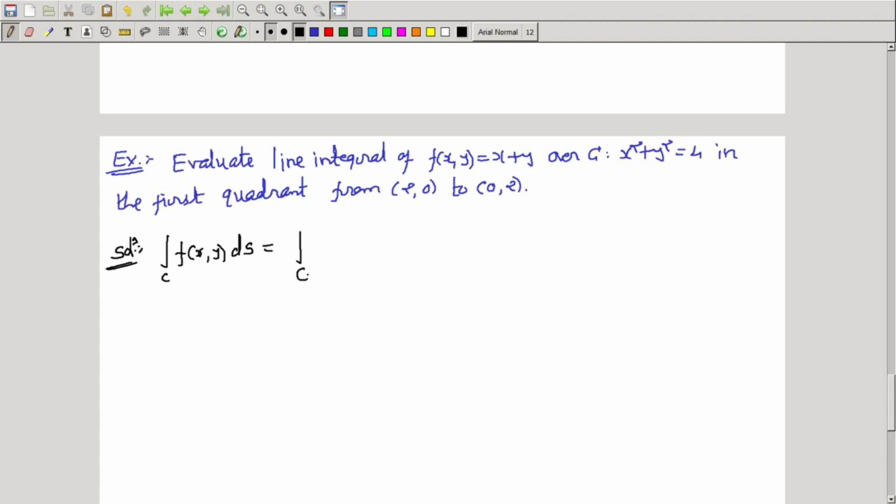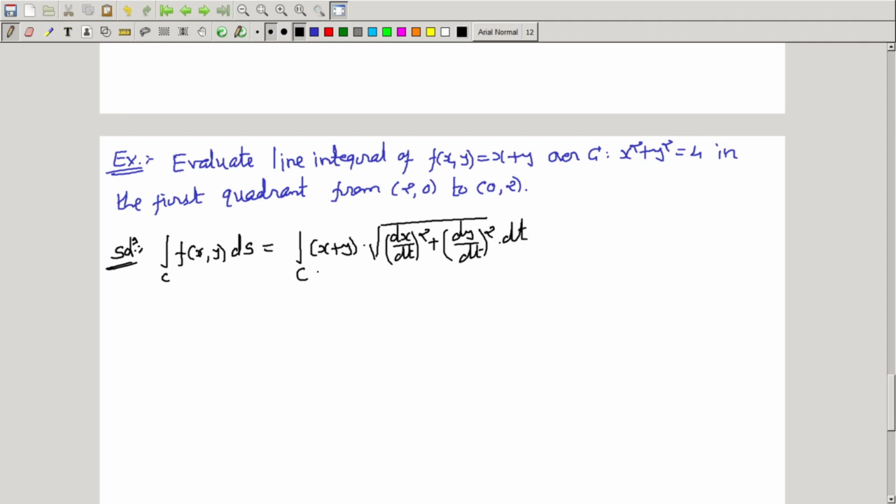Integration over C, f of xy is this x plus y. Now here the question is, in place of ds we are writing this thing, square root of dx by dt square plus dy by dt square into dt.